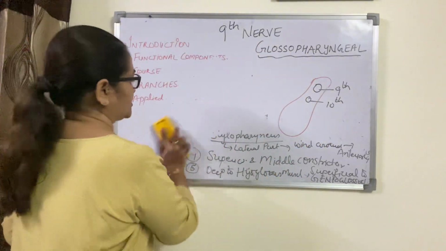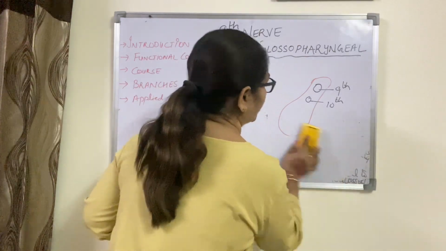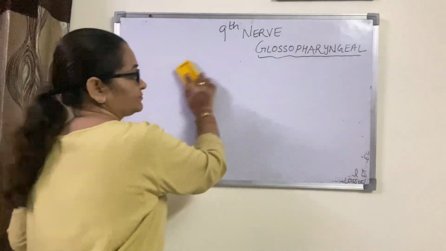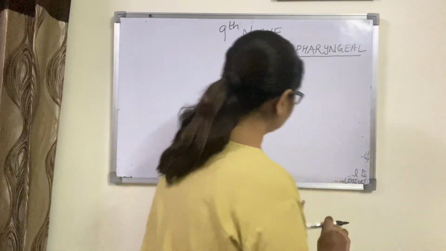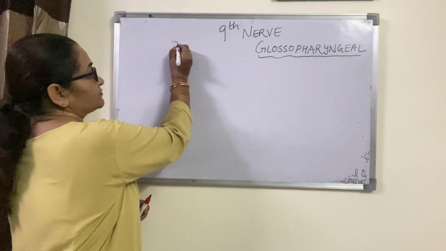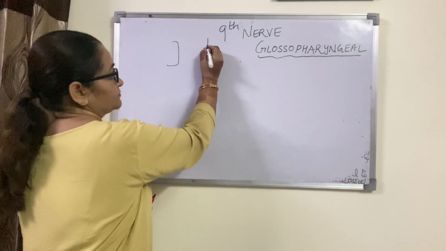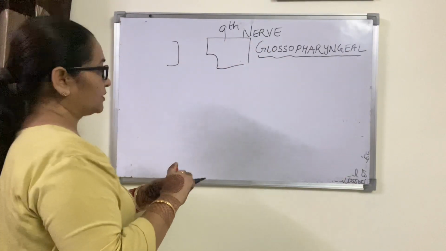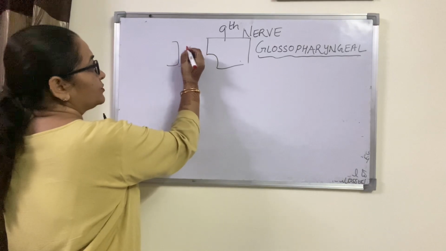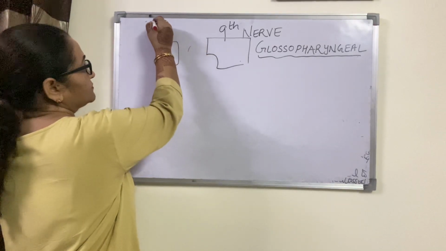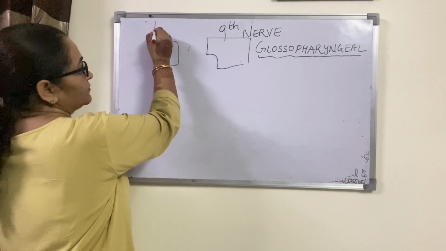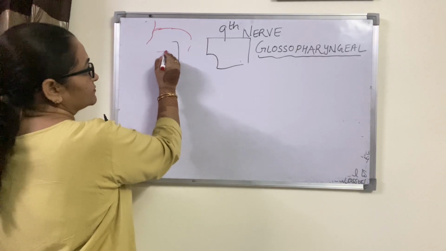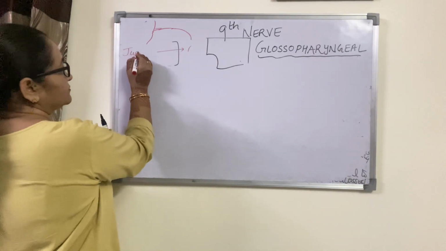Now coming to the branches. What are the important branches of this nerve? So we will discuss the branches with diagram. Now this nerve, as I had told you, is coming from the jugular foramen.